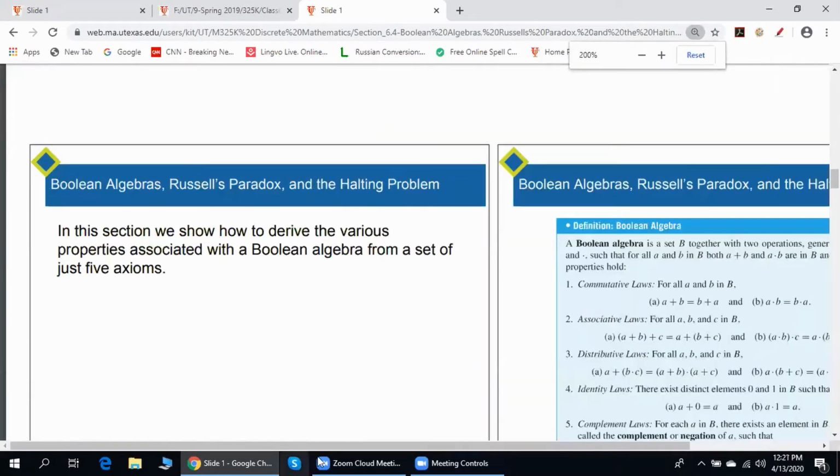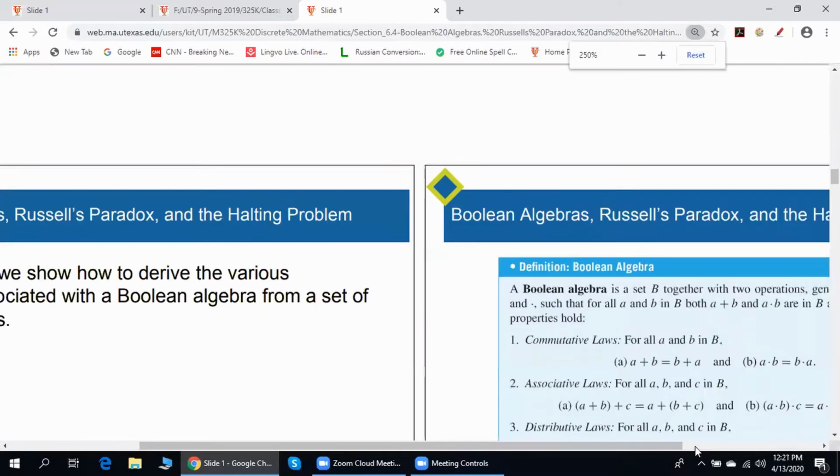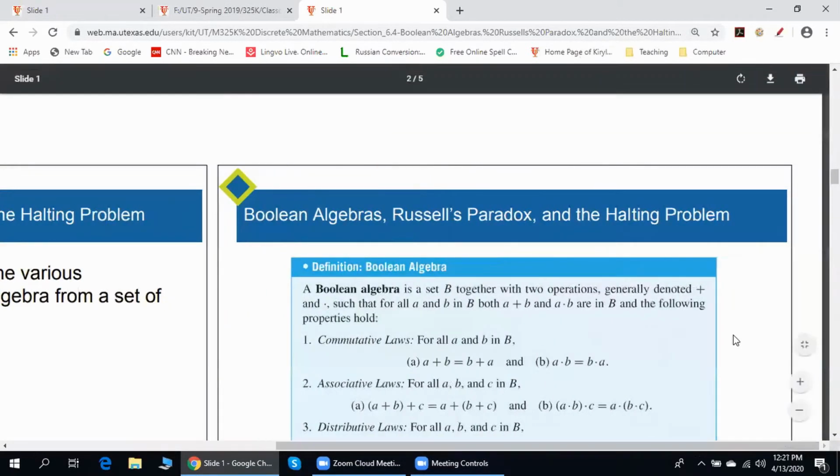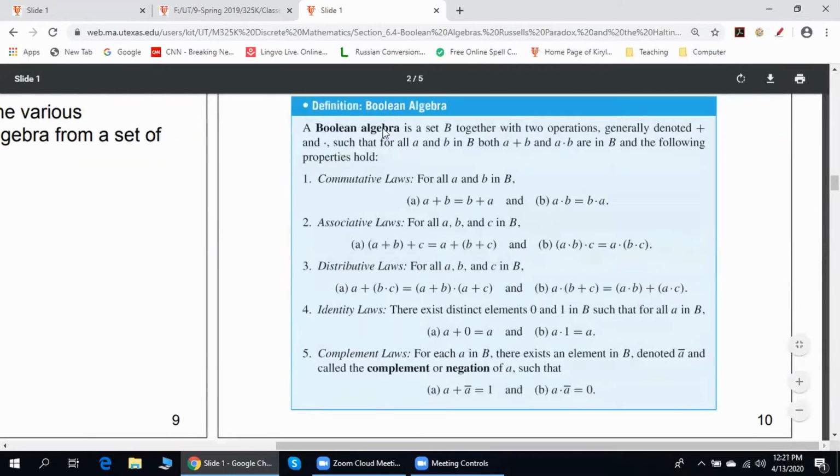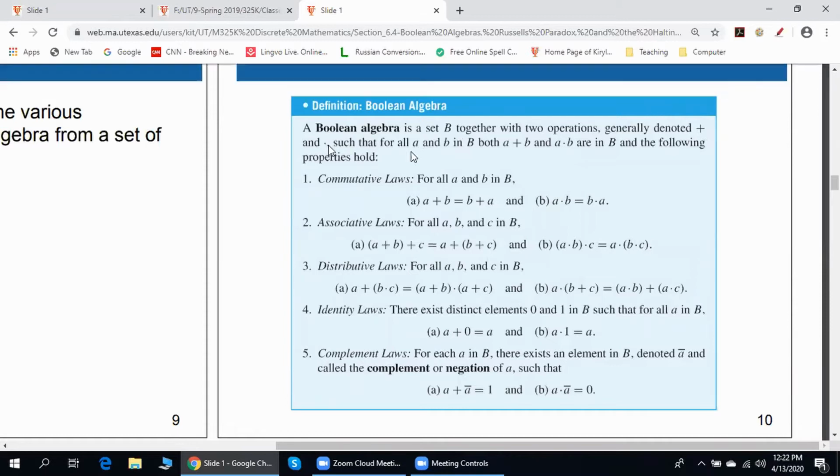Here is what we mean by Boolean algebra. Please take a look at this. A Boolean algebra is a set B together with two operations denoted by plus and times, such that for all A and B in B, both A plus B and A times B are defined and the following properties hold.